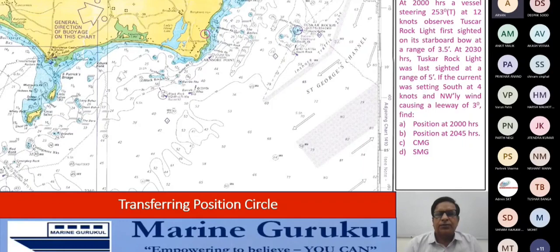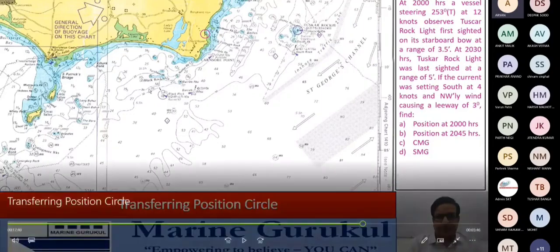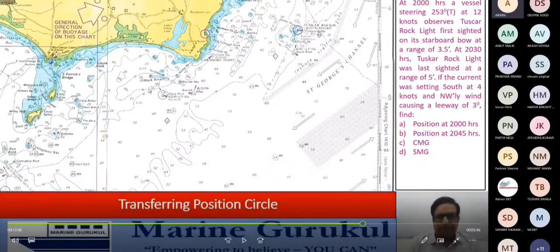Now in this case, we have two position circles. One position circle at 2000 hours where Tusker Rock Light was first sighted. That means it shall be drawn with Tusker Rock Light as the center and first sighting range of 3.5 miles as radius. So beta, just go through the question. Let me know if you are not able to understand anything.